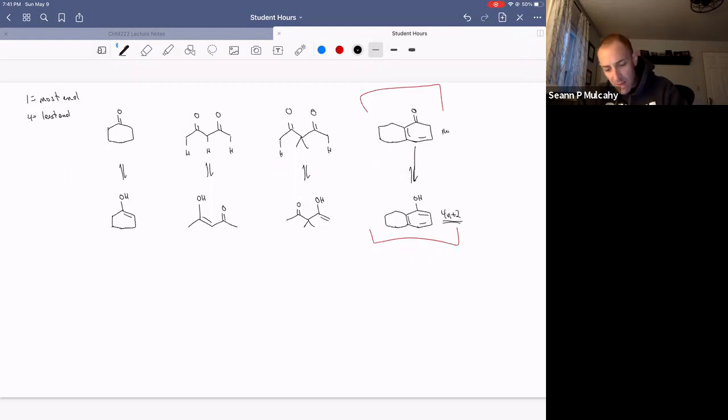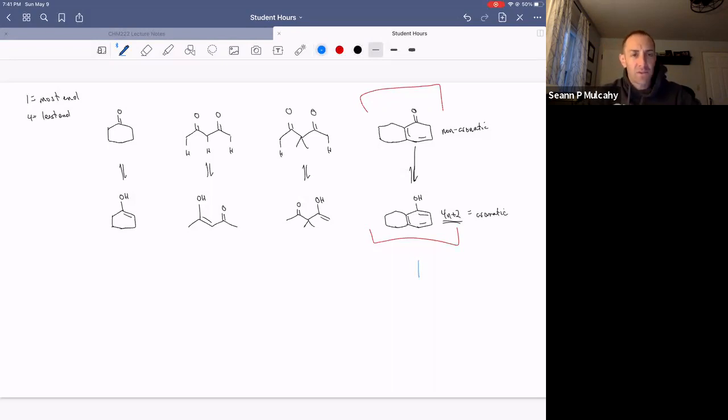This is not aromatic because you don't have full conjugation. And so the driving force here for enolization gives you aromaticity. Right, so this one's aromatic. And we of course know that aromaticity is really important, much more important than resonance even. Okay, so this one is going to be number 1, most enol.